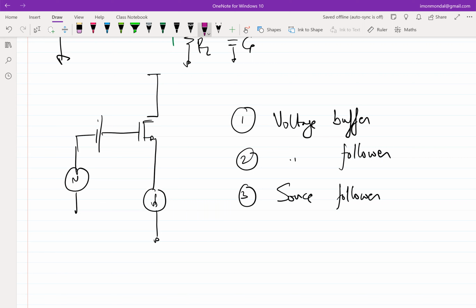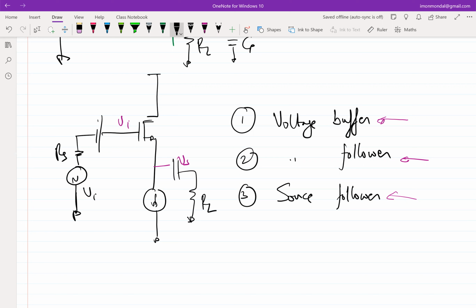Voltage follower, simply because the voltage at the source follows the voltage at the gate. Source follower essentially means the same thing. The name voltage buffer comes because, if the input has a source resistance, let's say RS, you are not connecting the input voltage source directly to the load.